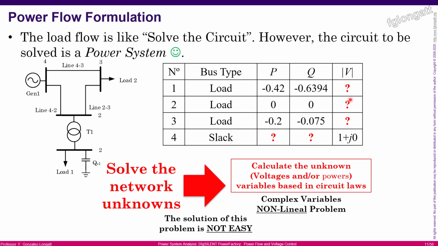You can see the question mark that is present in red color in this table. And you can see in some bus bars, there are loads, and you know the active and reactive power. But in those loads, for instance, the bus bar number 1, you know the value of this active and reactive power, but you don't know the voltage. As a consequence, that is one unknown variable.